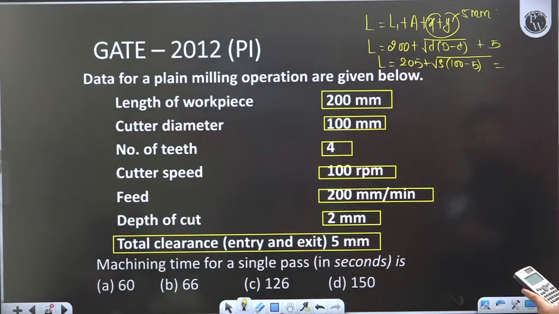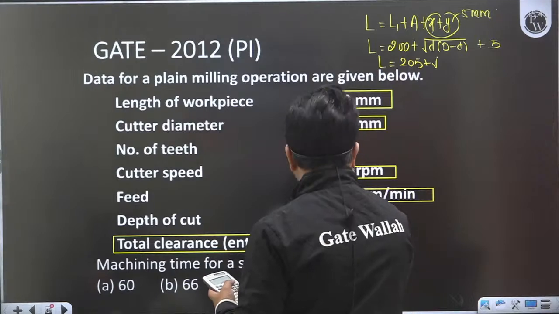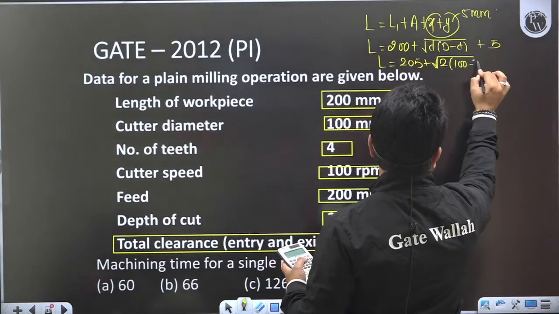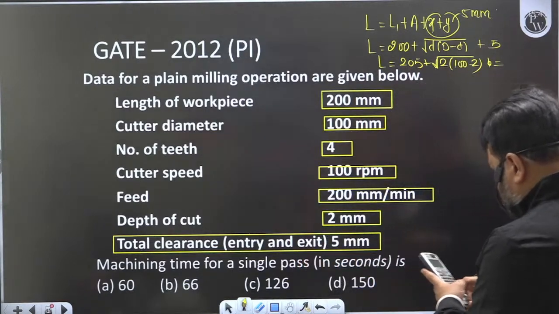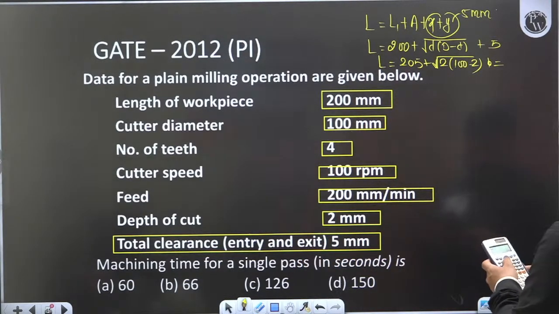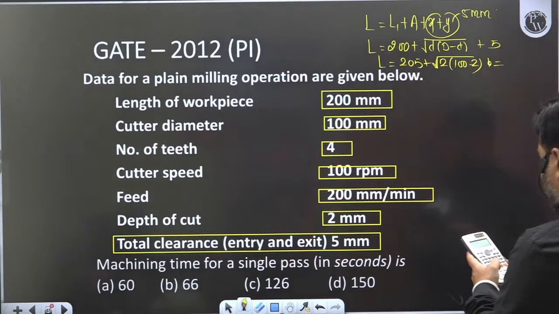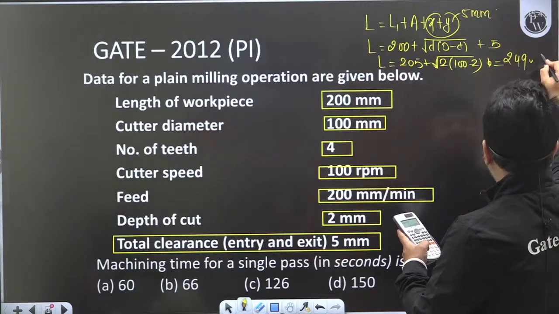Are we doing it correctly? Sorry, it is not 5, it is 2. We put a wrong value. Here depth of cut is 2, 100 minus 2, right? Now 98 into 2, root of that plus 205, 249.67.